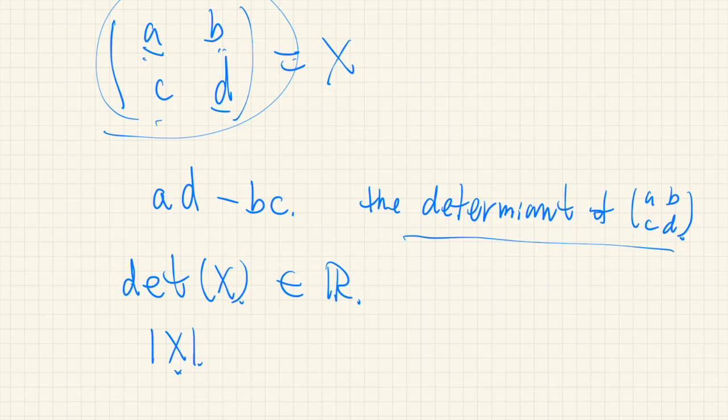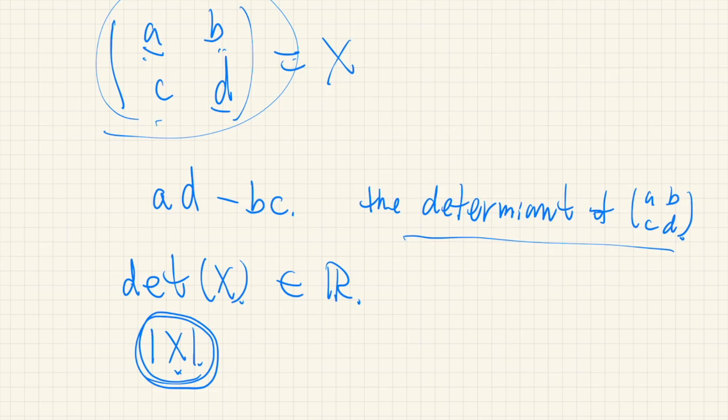So don't confuse this with the absolute value of some real number. It's not magnitude. So this can be either positive or negative or zero. So don't get confused. And we are going to define the determinant for more general matrices, like n by n matrices.